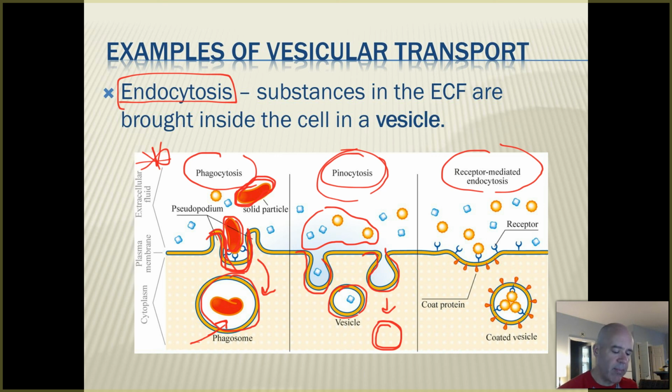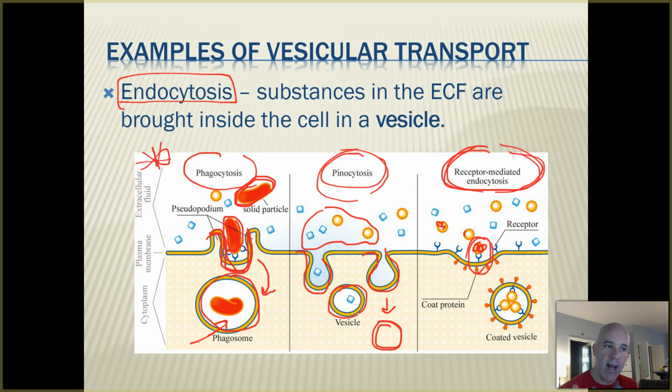And the third type depicted over here, remember we were talking about membrane receptors. You may have a chemical messenger sitting here in the extracellular fluid, and it docks onto a very specific receptor. They come together like a lock and key fit, and sometimes when that happens, that triggers receptor-mediated endocytosis.